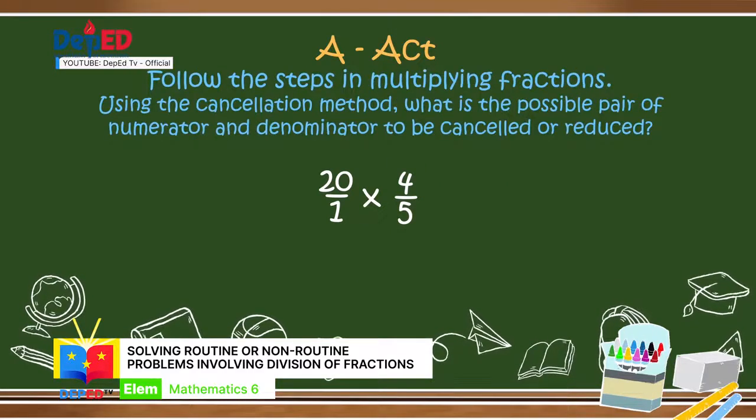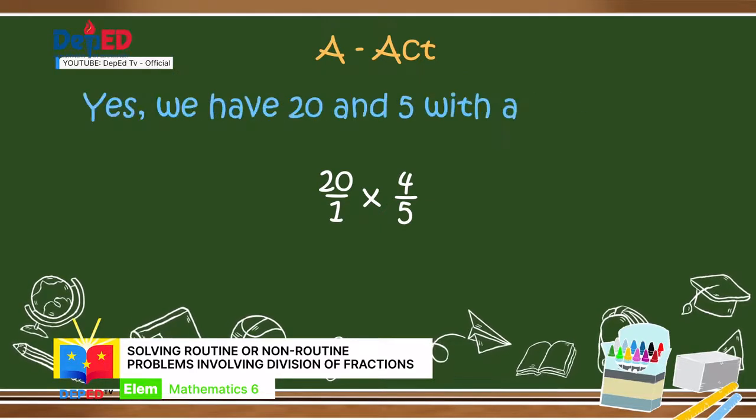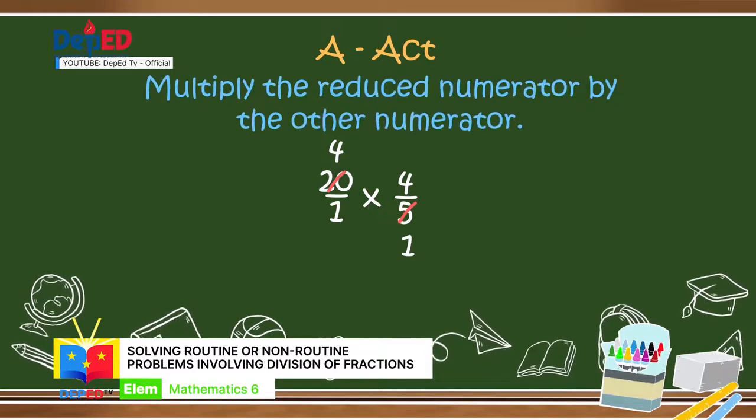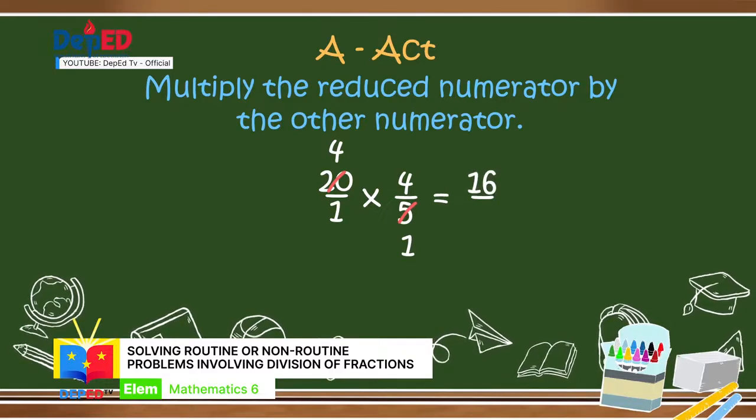Using the cancellation method, what is the possible pair of numerator and denominator to be cancelled or reduced? Yes, we have 20 and 5 with a GCF of 5. 20 divided by 5 becomes 4. 5 divided by 5 becomes 1. Then, multiply the reduced numerator by the other numerator. 4 times 4 equals 16.